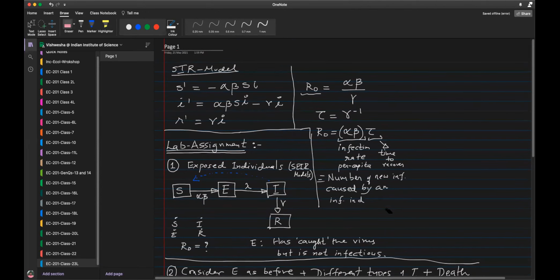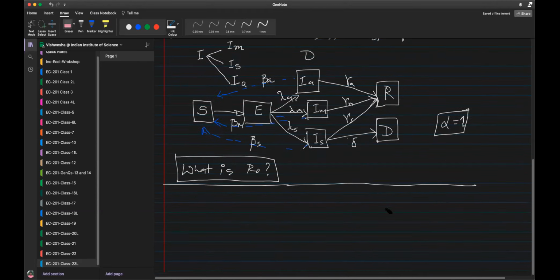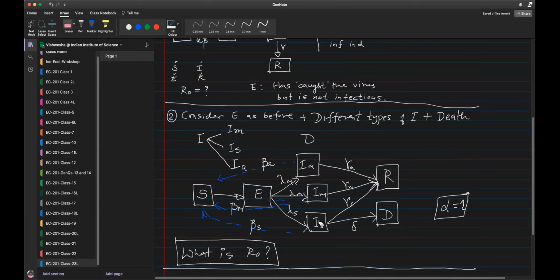Wednesday's class will be mostly for answering any questions and doubts you may have about the classes so far, or maybe to summarize what we have learned, stepping back to see what all we have learned and what we have not learned. But today, these two will be sufficient, and think more about R0. That's all for today.